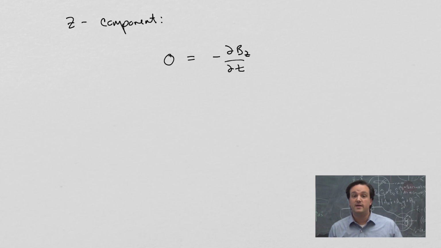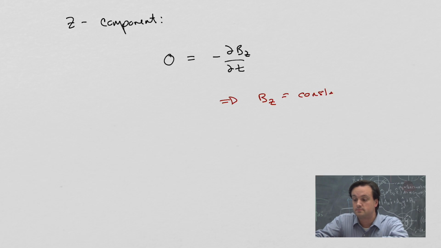I know that the left-hand side had no component in the z direction. The right-hand side is minus dBz dt. Of course, combining these two things only tells us that the z component of the magnetic field has to be a constant. Okay? Maybe I have a homogeneous magnetic field. Maybe I have a magnetic field that's something else. I don't know, but it can't be changing with time, right?